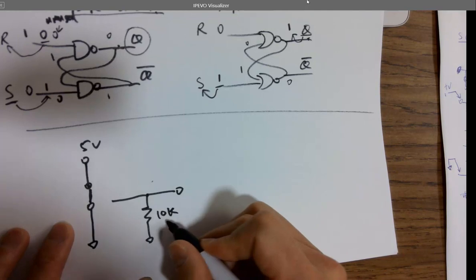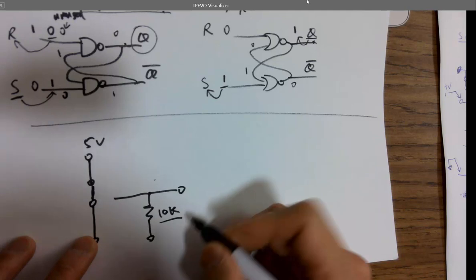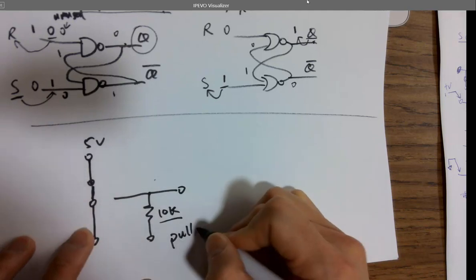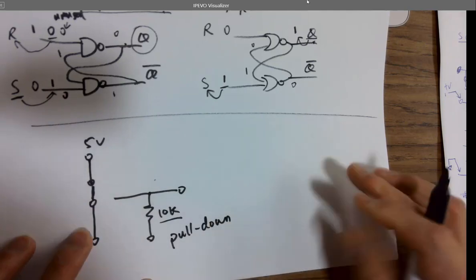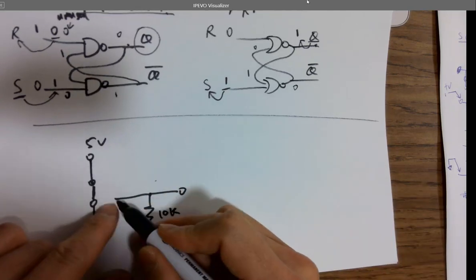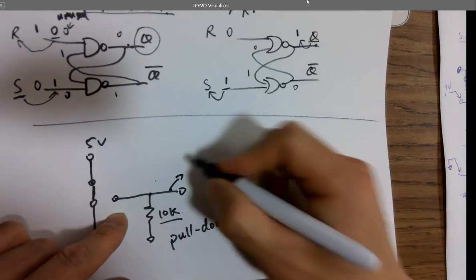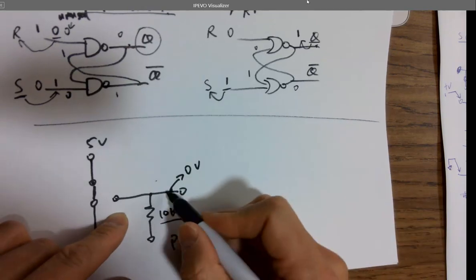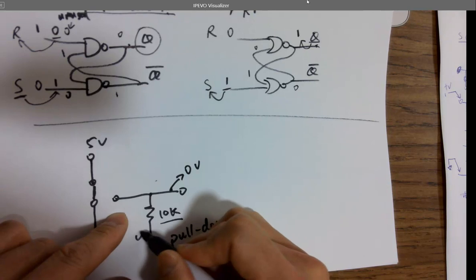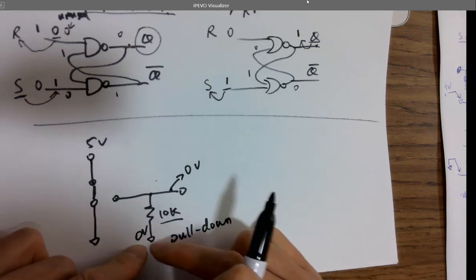What's the name of this resistor? Pull down resistor. Why? When there's no current, it shows ground. No current shows to ground. So if I don't have this switch connected to this terminal, what's the voltage here? 0 volts, because there's no current, right? No current, no voltage drop. 0 volts, being put down to ground.